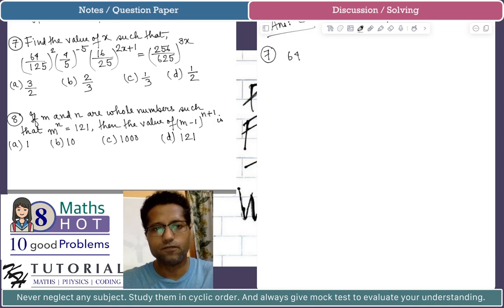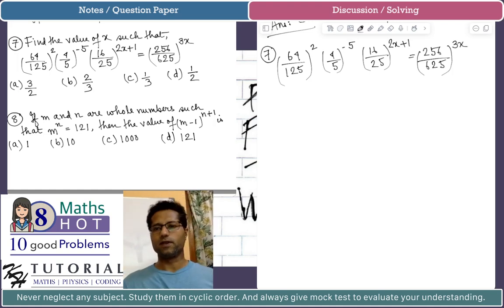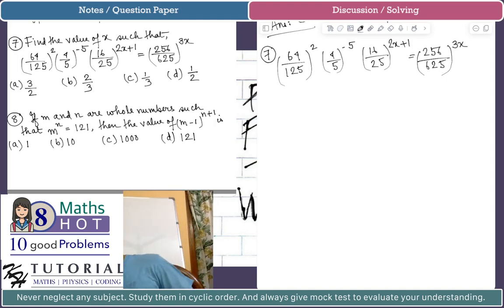It is given (64 by 125) squared multiplied by (4 by 5) to the power minus 5, multiplied by (16 by 25) to the power 2x plus 1, is equal to 256 by 625. Now clearly on the left hand side, we see 4 and 5.